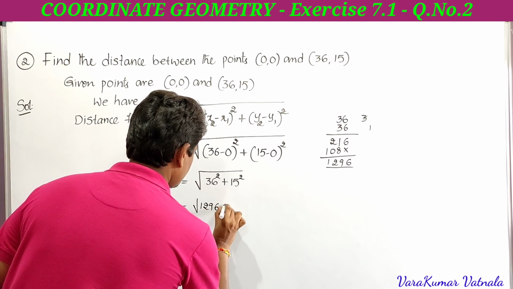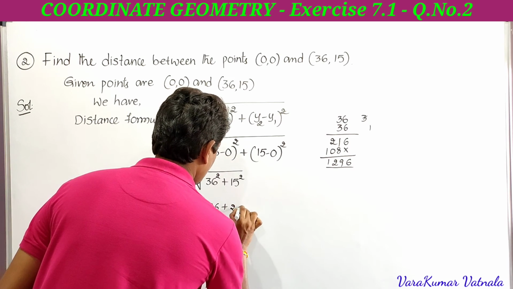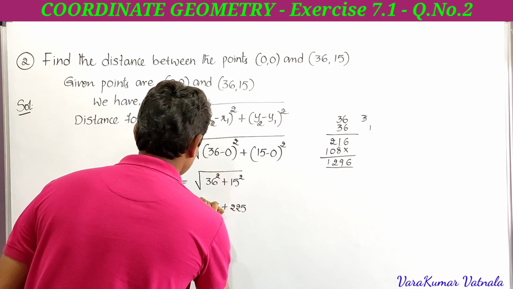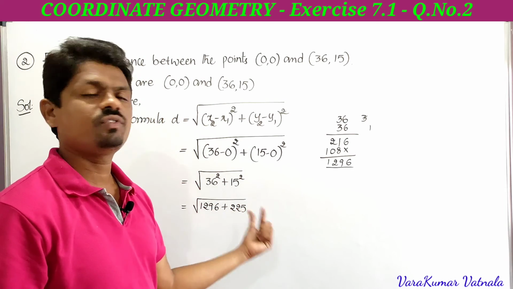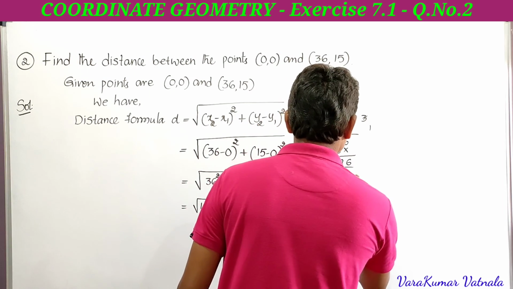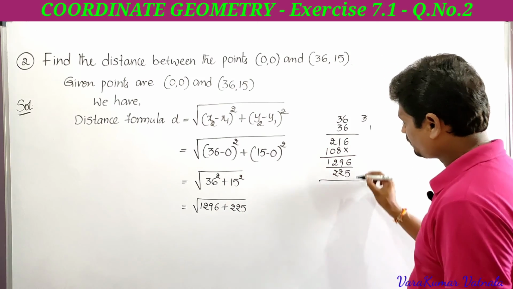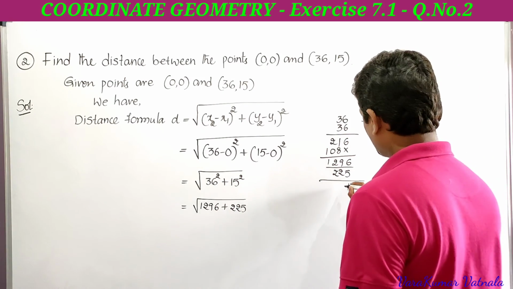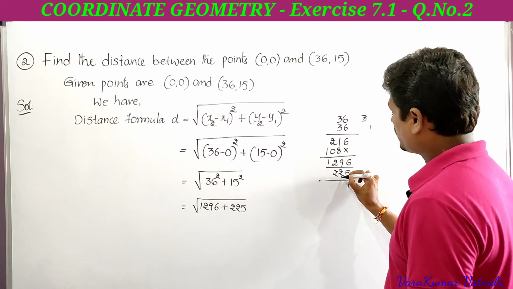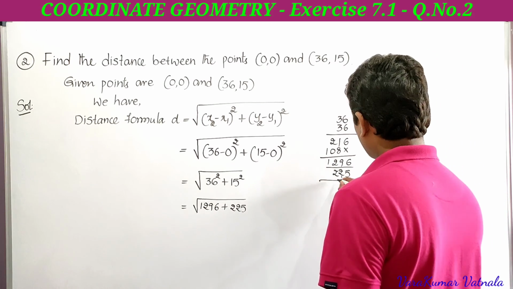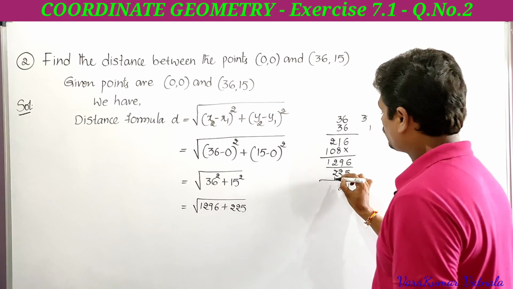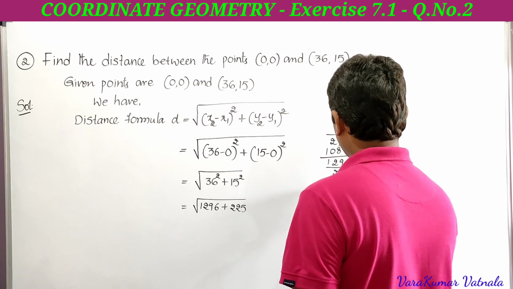1296 plus 15 square, which is 225. 15 square is equal to 15 into 15, 225. So now I have to add 1296 and 225. 6 plus 5 is 11, write 1 carry 1. 9 plus 1 is 10, plus 2 is 12, write 2 carry 1. 2 plus 2 is 4, plus 1 is 5, and 1.